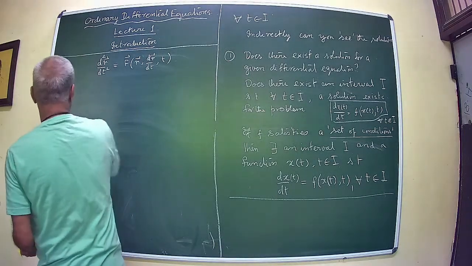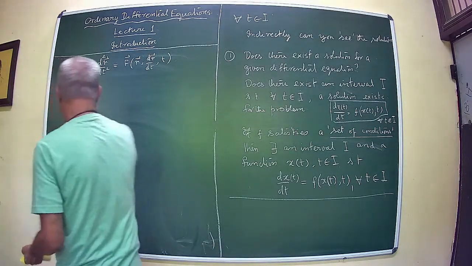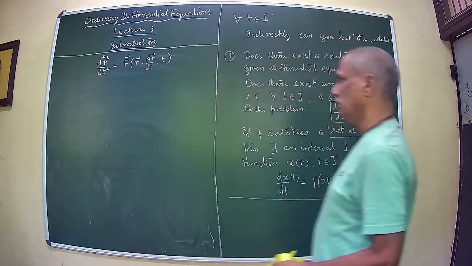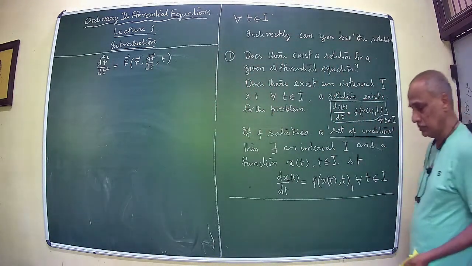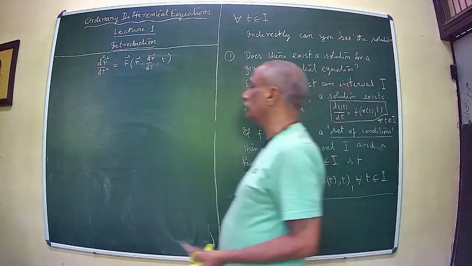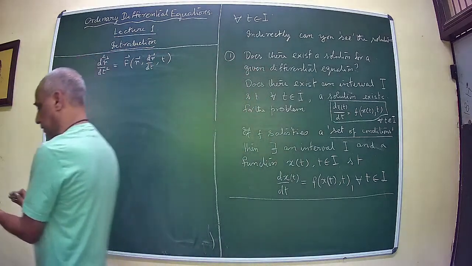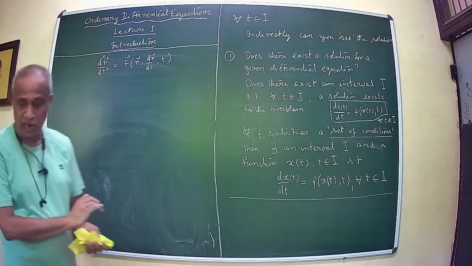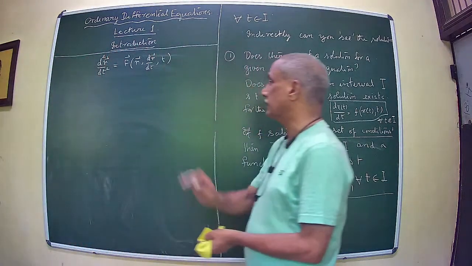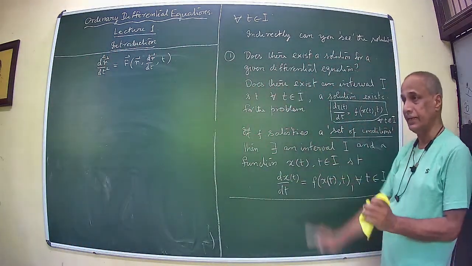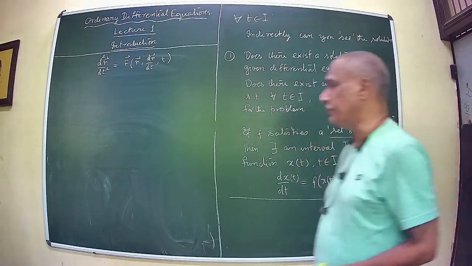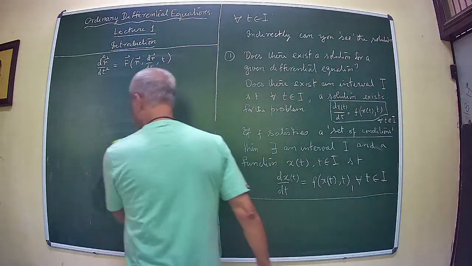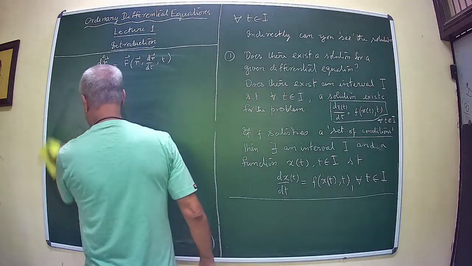I will make it more explicit and clear later. Now we are asking for a vector valued function r(t), which when substituted will make this an identity over some interval I. So let us work on that.